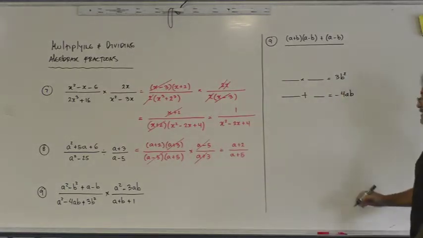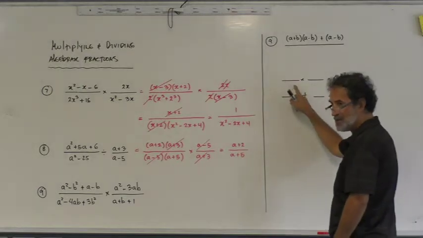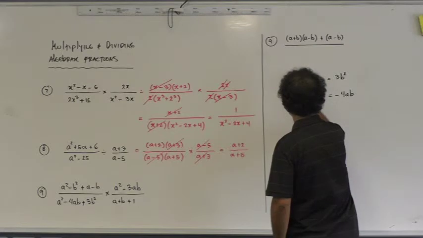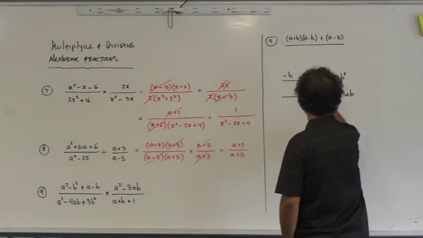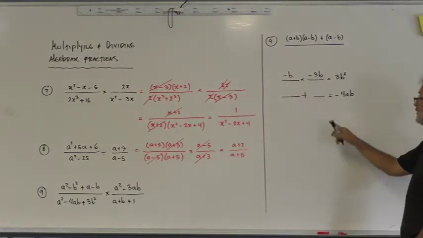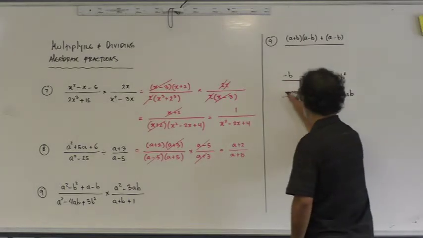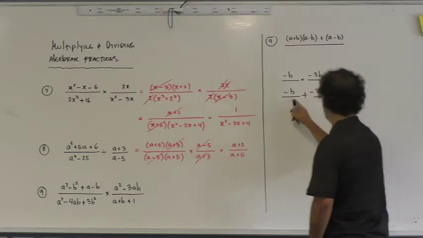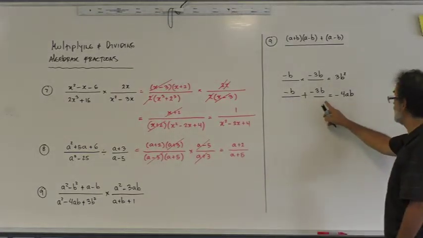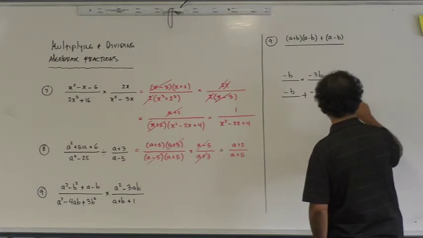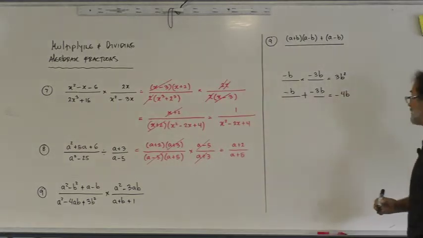So it's going to be negative 1b and negative 3b. Can you see that when you multiply this, the answer is 3b squared? And in here it's going to be the same thing, negative b and then negative 3b. Now it works.